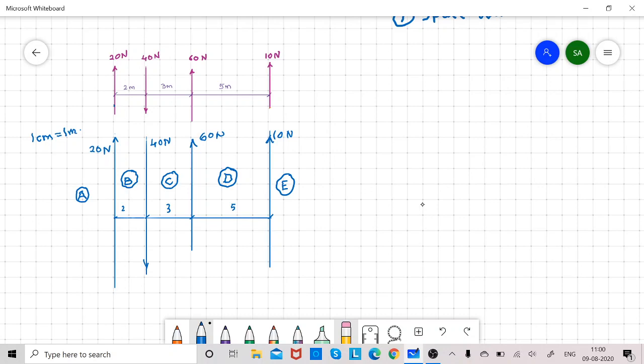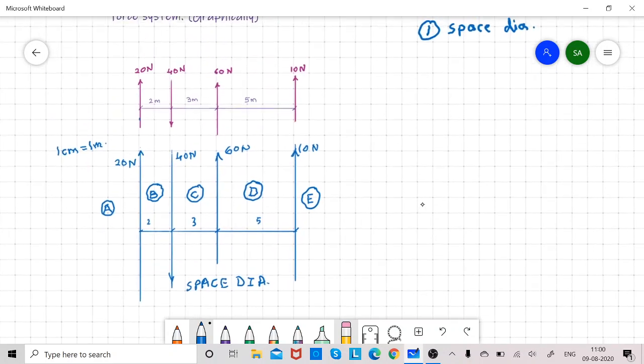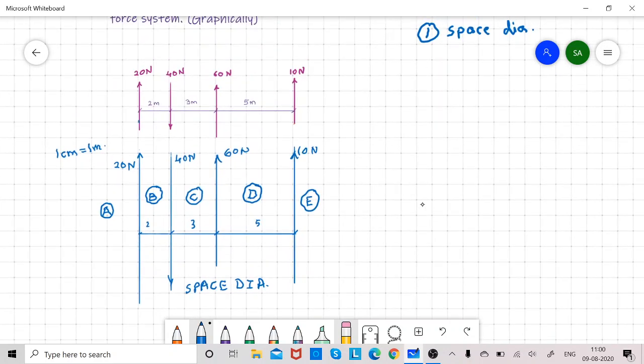Remember, the distances between the forces are drawn to some suitable scale, and the notation is according to Bow's notation, and this diagram is known as the space diagram. Okay, now the first step is over.